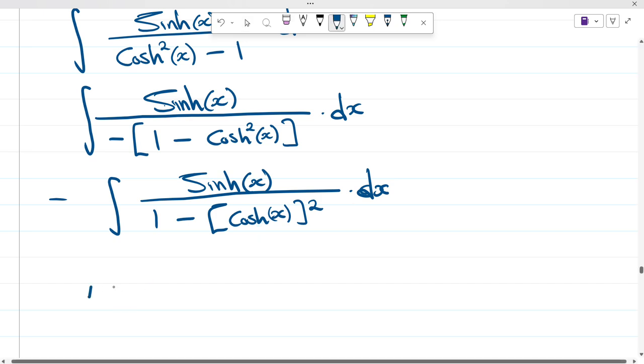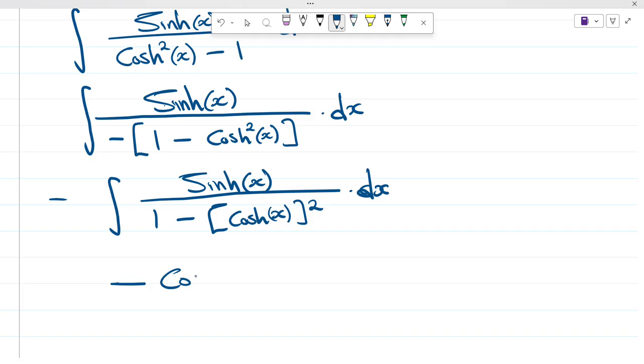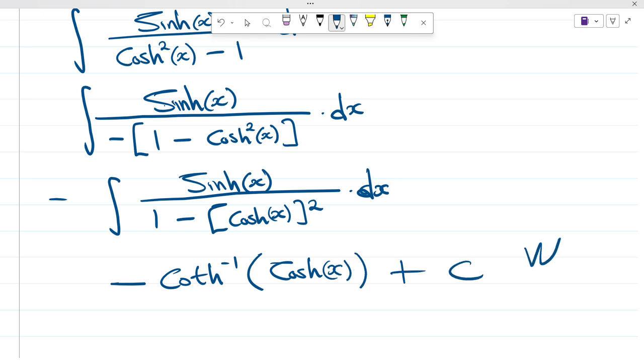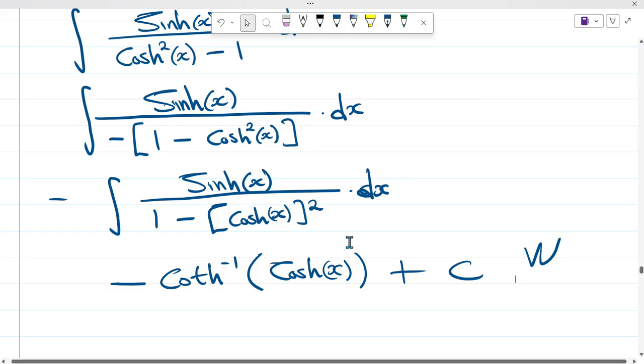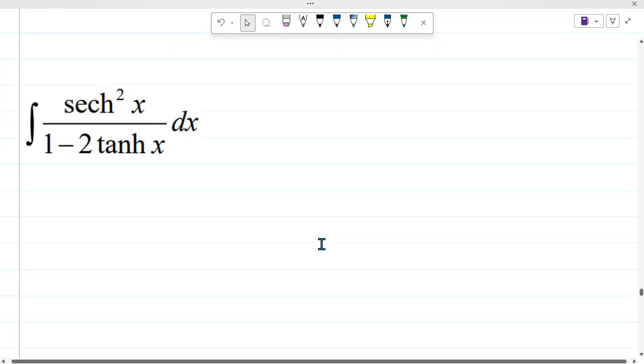So this is going to be negative hyperbolic cot inverse of f of x, which is cos for this case. So it's going to be cos of x, and then plus c. Then you're done with that question. Make sense? It should make sense. So yeah, that was it for that question.